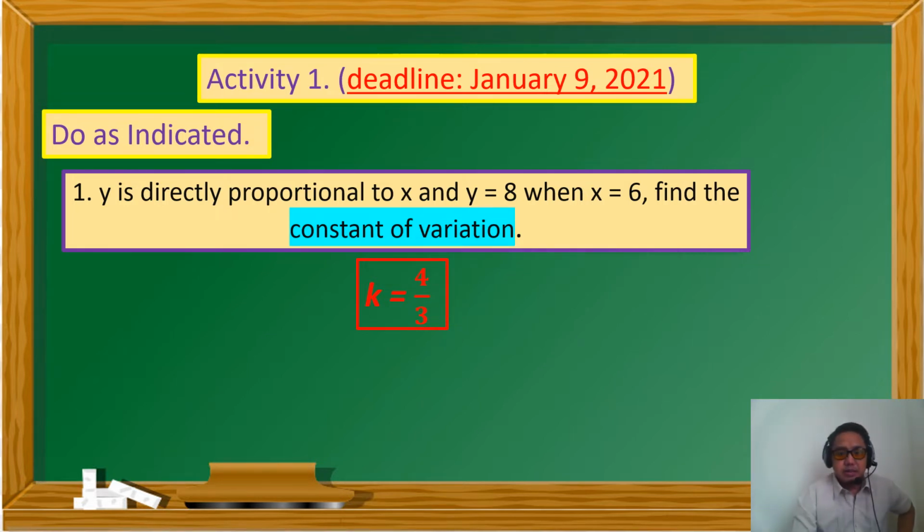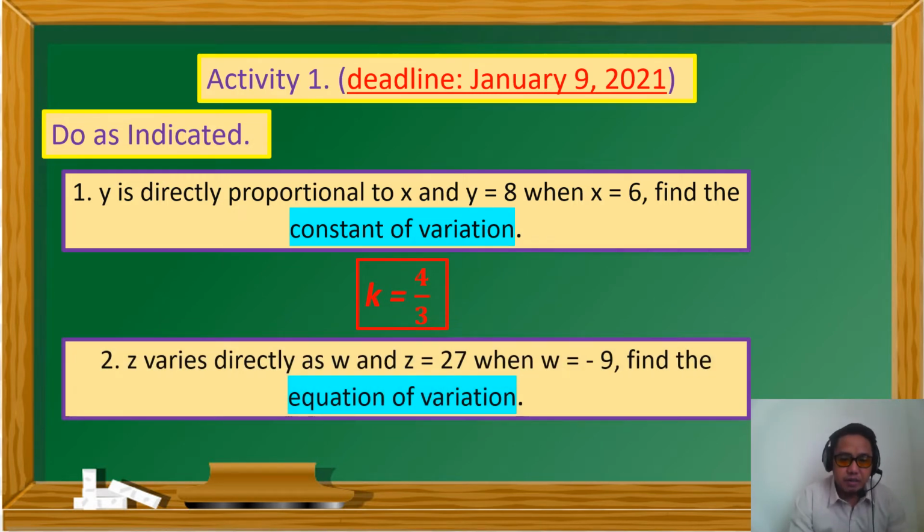Okay? And then, we have z varies directly as w and z equals 27 when w is equal to negative 9. Find the equation. So, what we are looking for here is the EOV. Just find the value of k, and after finding the value of k, put it in your mathematical sentence.